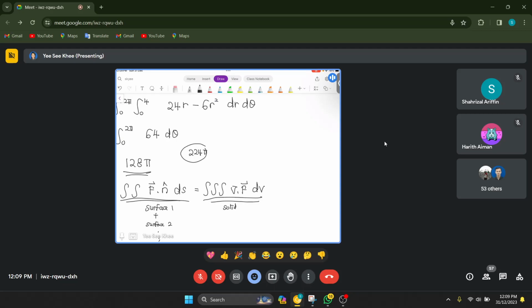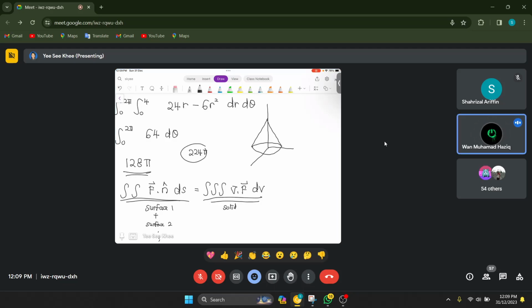Let's look at our cone just now. Can you tell me how many surfaces this cone has? The proper surfaces of this cone? Two, right?